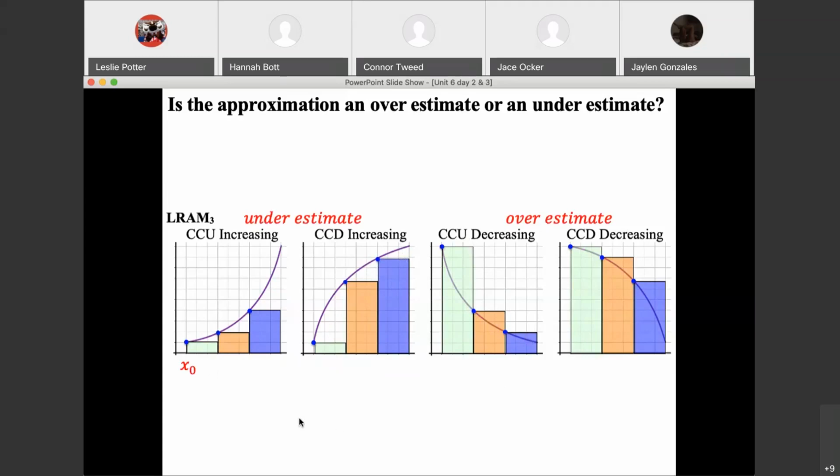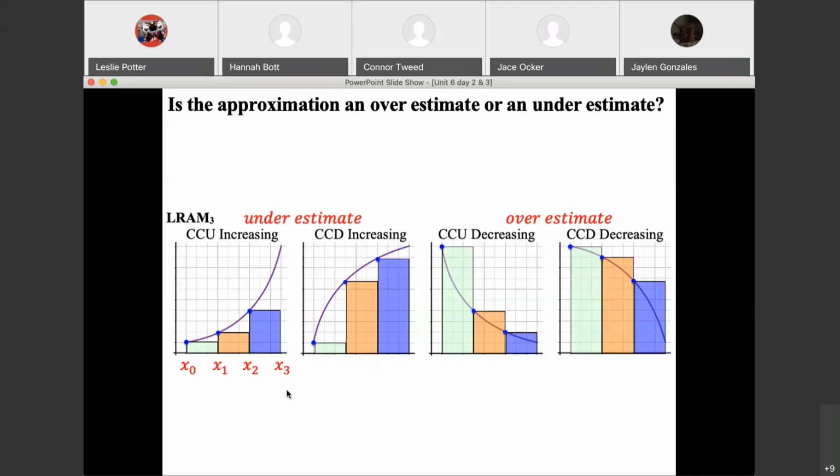Okay, so let's talk about what this means in terms of notation. Since we need locations to draw these boxes, we start out by labeling them x sub 0. That first point, the 0, represents before I've drawn any rectangle.